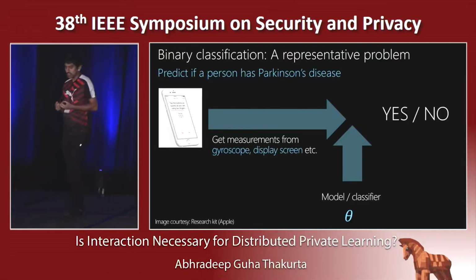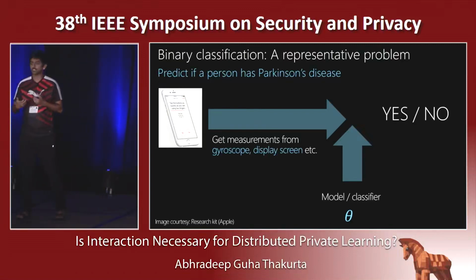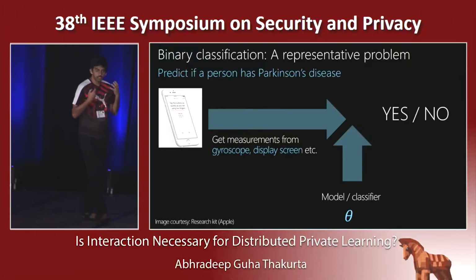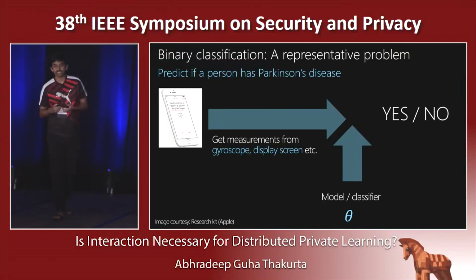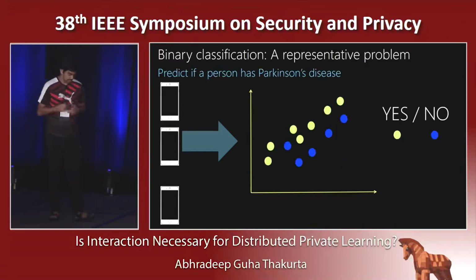From the phone, you can have some kind of a gyroscopic feedback from the phone or haptic feedback from the screen. And we want to train an algorithm which for a particular person would tell whether this person has Parkinson's disease or not. Now, how do you typically do that?